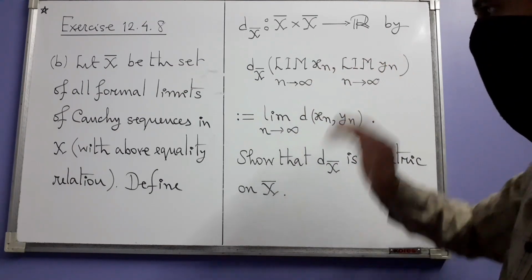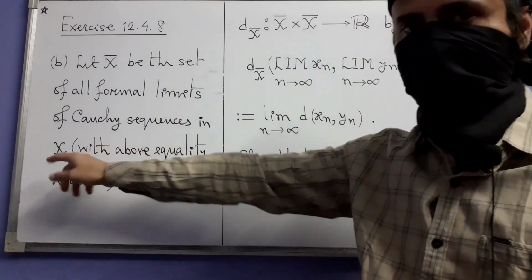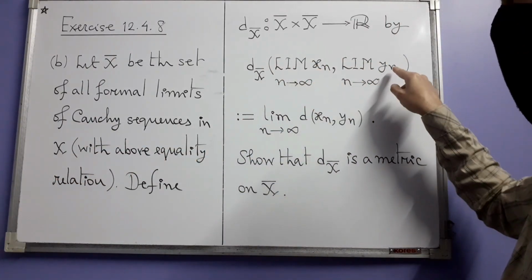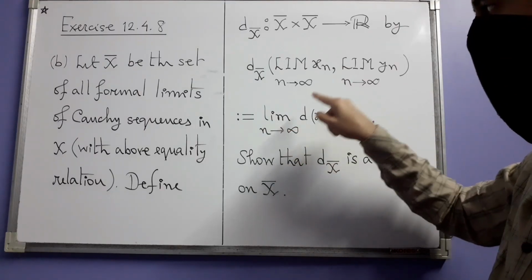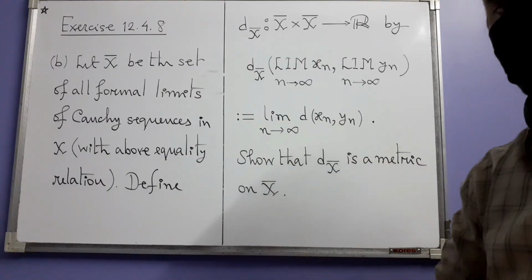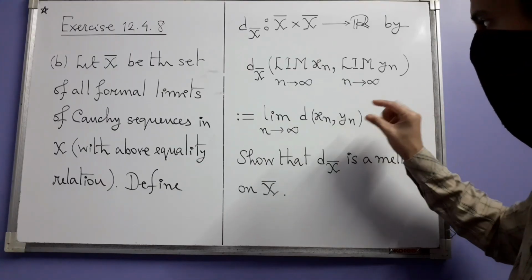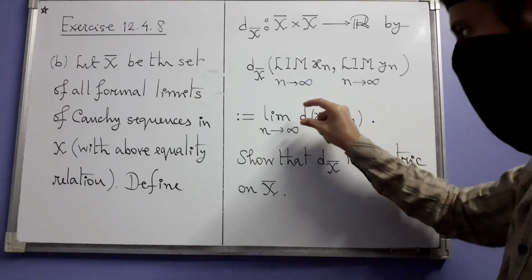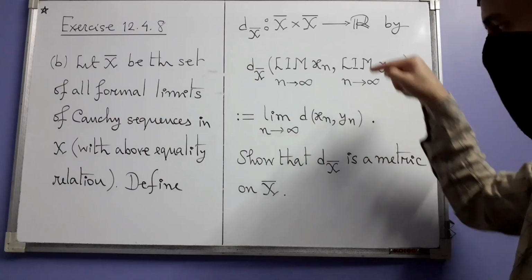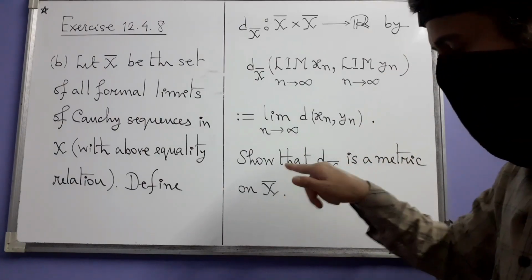Say xn and yn are two Cauchy sequences in X, then these are their formal limits. d X bar value of this is by definition the limit of d(xn, yn) as n approaches infinity. Note carefully that this is a sequence of real numbers. We have to show that this function d X bar is a metric on X bar.